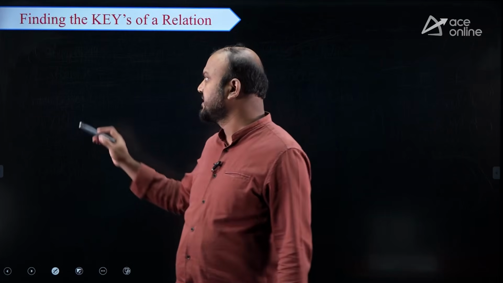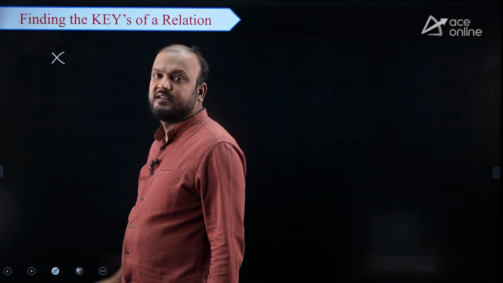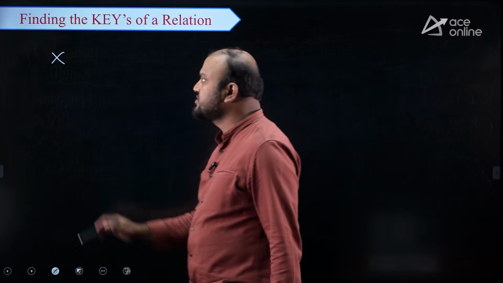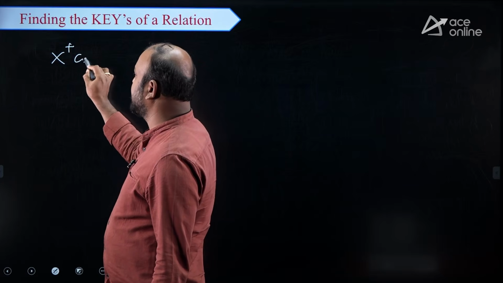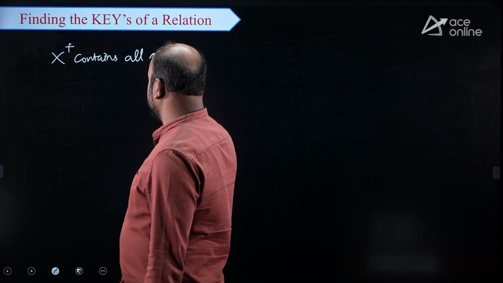Now, how to find the keys? As we know, if we have to find a key, the closure of that key should contain all the attributes. Suppose assuming some attributes, that I am calling X, if X is going to be a key, the closure of X should contain all attributes.